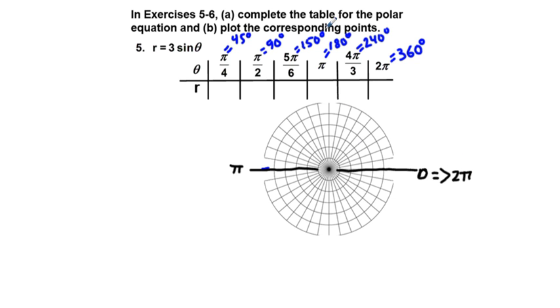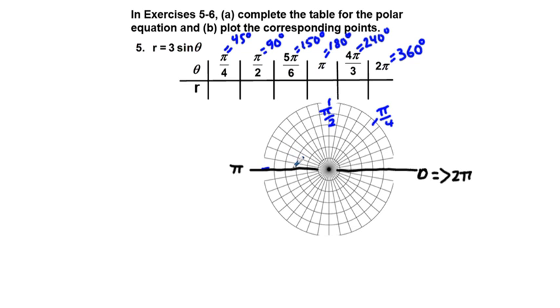All these increments are 10 degrees: 10, 20, 30, 40. So here we have 45 degrees, which is pi over 4. Right at the top of the circle we have pi over 2 radians.